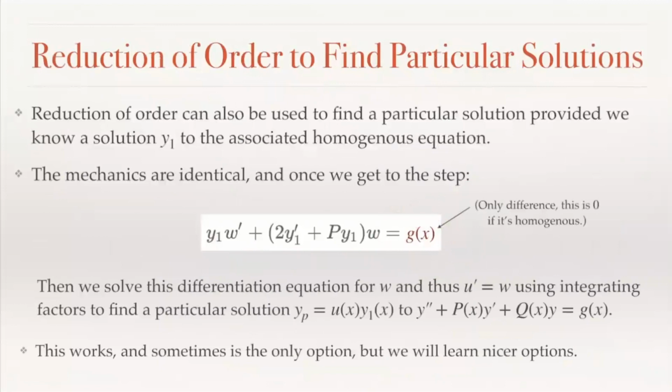But this is still a first-order differential equation. This is after renaming, so u prime we rename to w, and then u double prime is w prime. And that's the same thing that we got halfway through the derivation, except now the right-hand side is g of x. But this is still a first-order linear differential equation that we can still solve by using integrating factors.